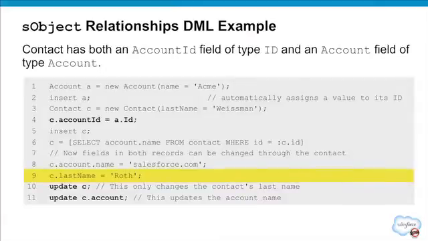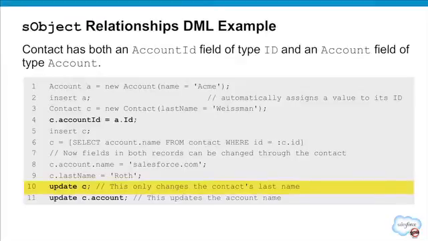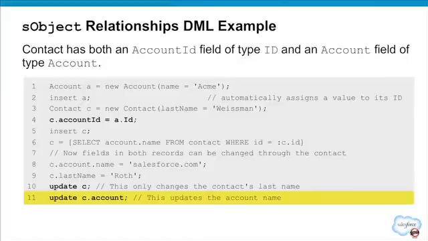When we execute line 10 and we say update C, this is only making a modification to the contact record. The account record in the database is unchanged. So if we want to make a modification to this record that now has Salesforce as its name, we must do update on c.account.